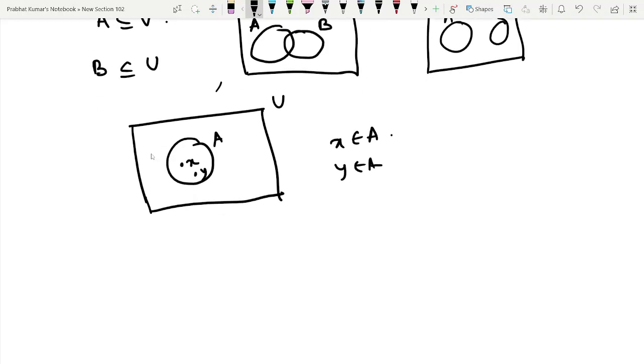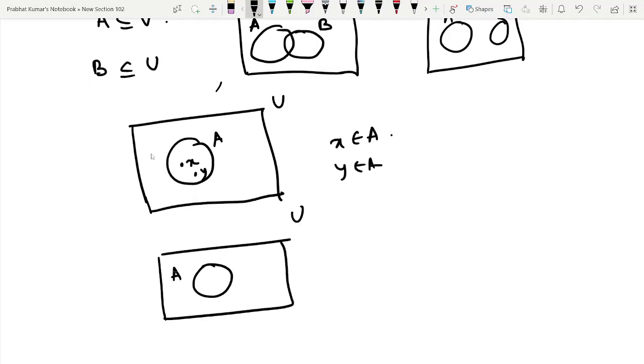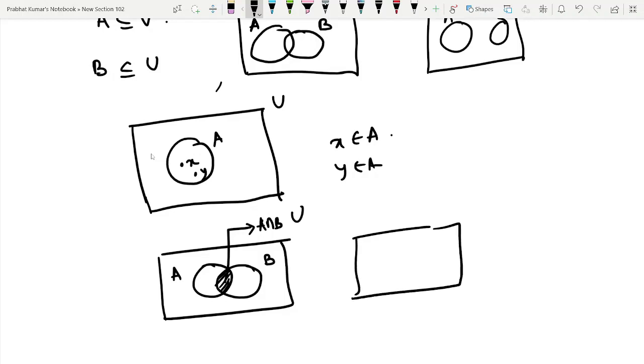Next, let us draw the intersection. This is U, and suppose two sets are there, A and B. This is what we represent A intersection B with. This is the common part of A and B. Similarly, how can we represent union? A union B can be represented like this. It's A and B taken as a whole.